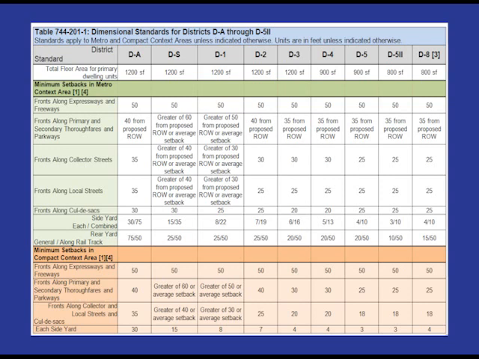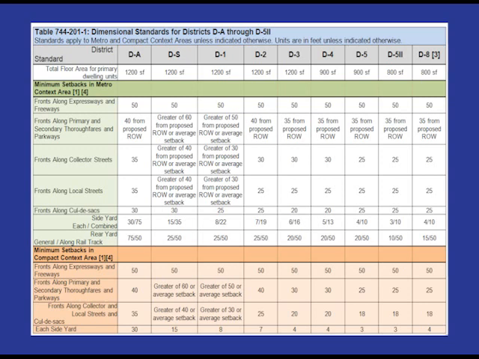Now you see before you additional elements in table 744-201-1. Again, it's the dwelling district zoning across the top, DA through D8. And along the left, you'll see the different standards. What's the total floor area?